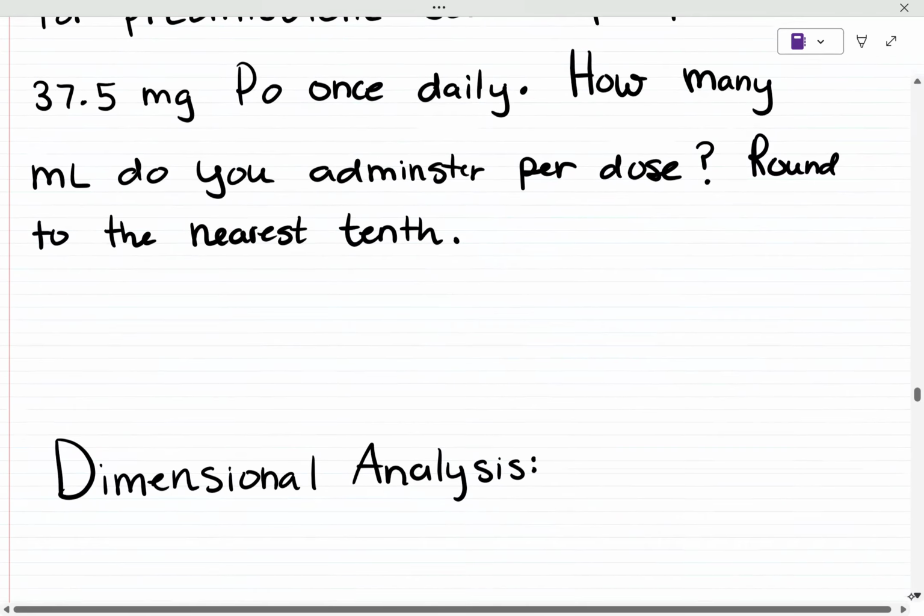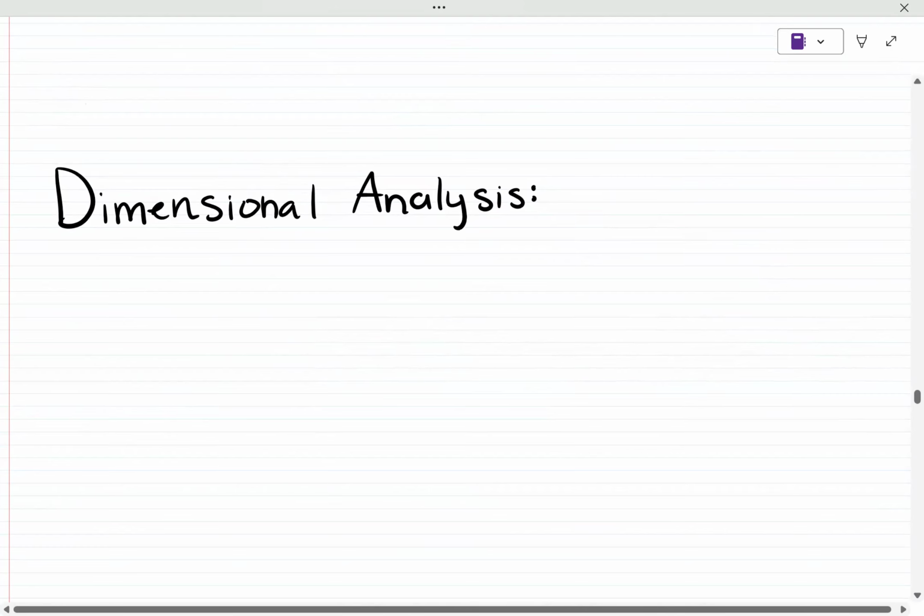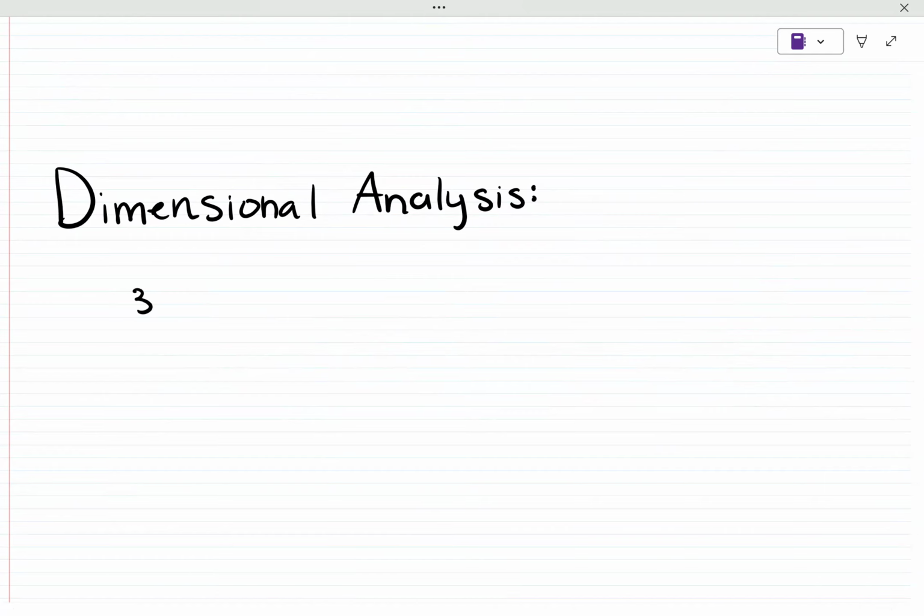So let's start with dimensional analysis. We start with 37.5 milligrams times a fraction, and I guess you put milligrams in the bottom and milliliters on the top. So for 5 milliliters, there's 25 milligrams.